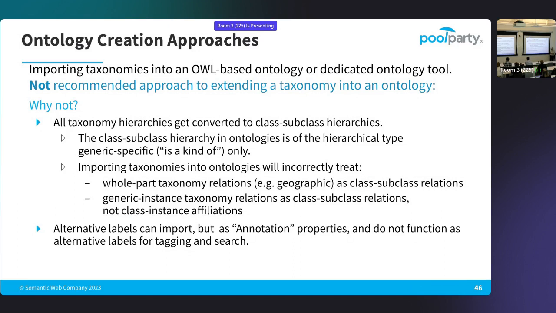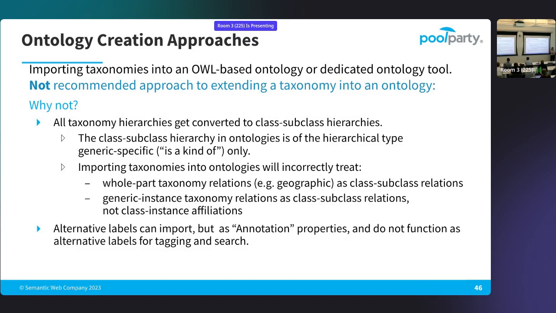And then even the individual instances, like the names of those astronauts, are also narrower concepts in the taxonomy hierarchy to astronauts. And of course, they shouldn't be converted into subclasses. They should be converted to individual members of a class. So that's what would happen if you imported it: the whole-part and generic-instance.